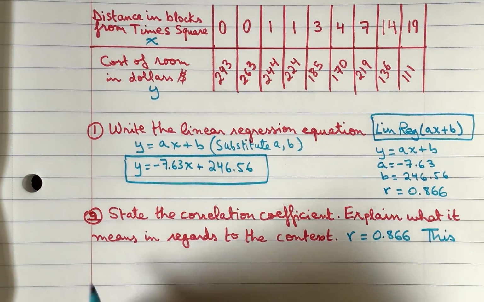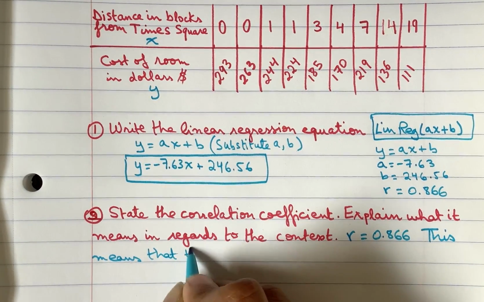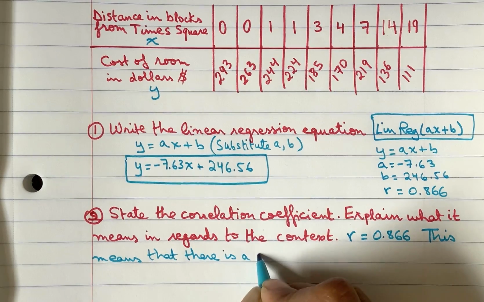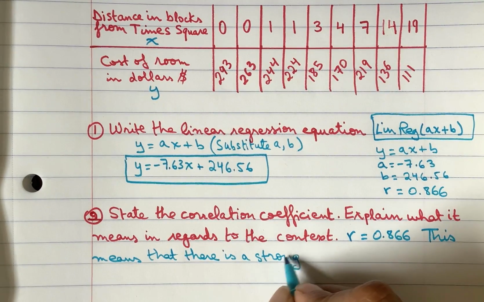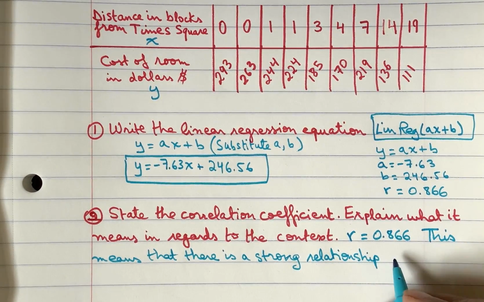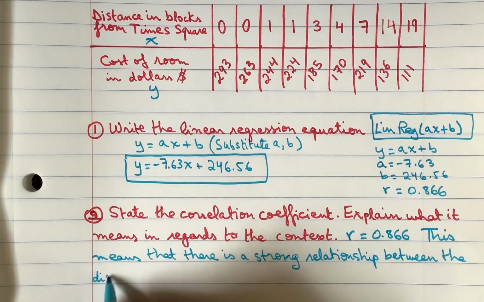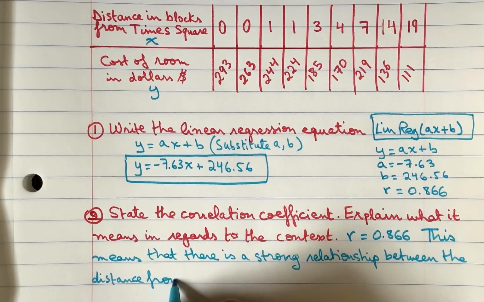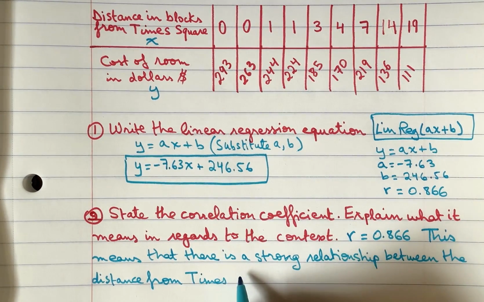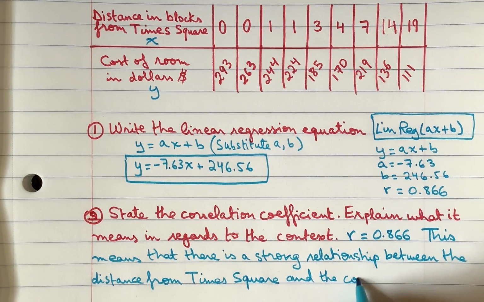So this means that there is a strong relationship between the distance from Times Square and the cost of your room.